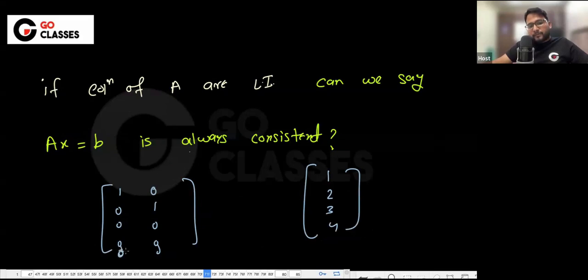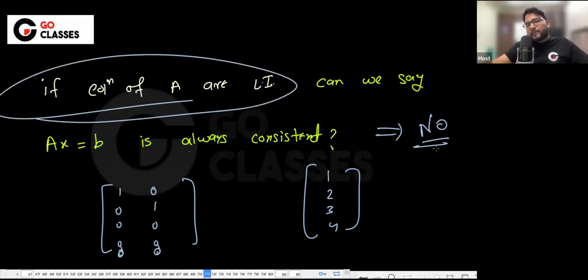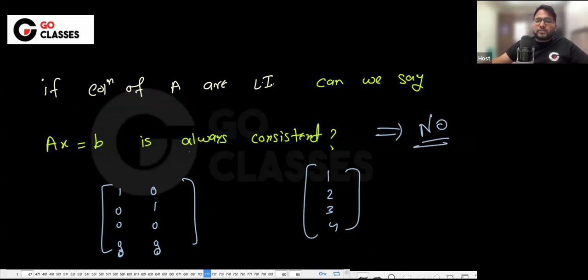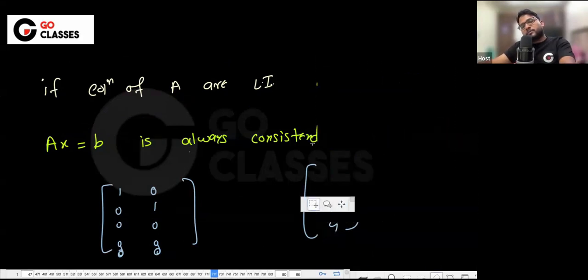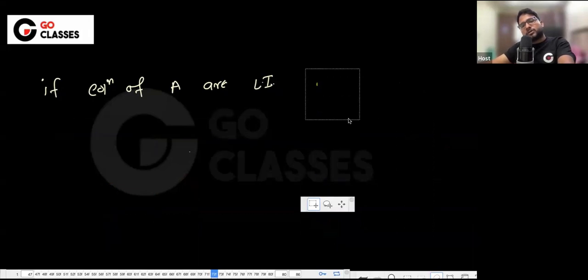So the answer is no. But if the columns of A are linearly dependent, then what else can you say about the least square solutions? Can you say least square solutions have unique solution? Always exist is not any good information, because anyway they exist, right?